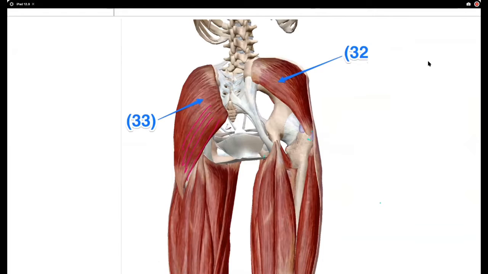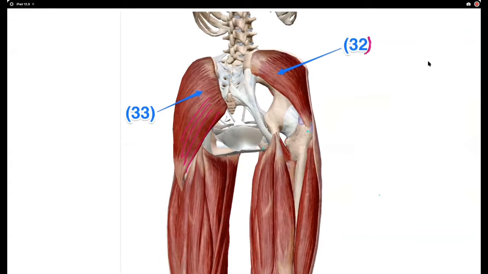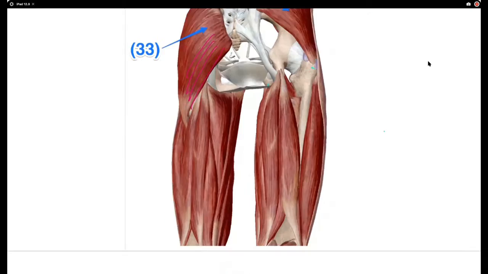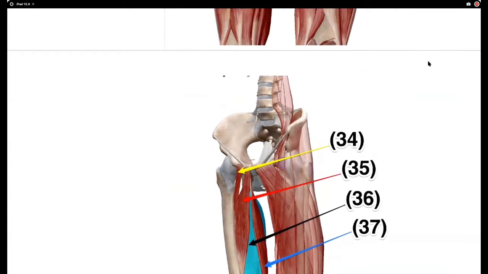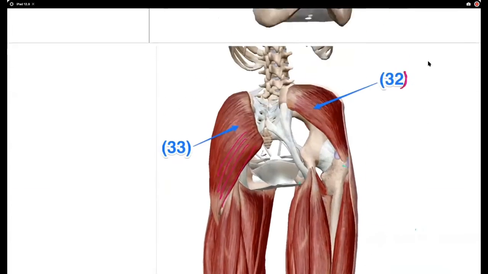With the last two questions, correct me if I'm wrong, were 32 and 33. Is this correct? I don't believe we started 34 yet. Yeah, gluteus maximus. Yes, exactly.